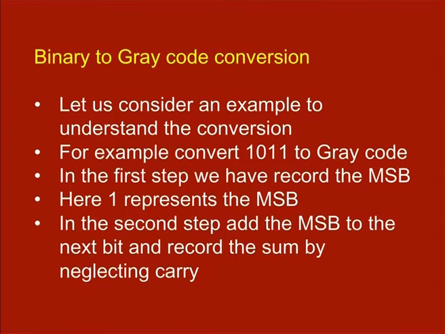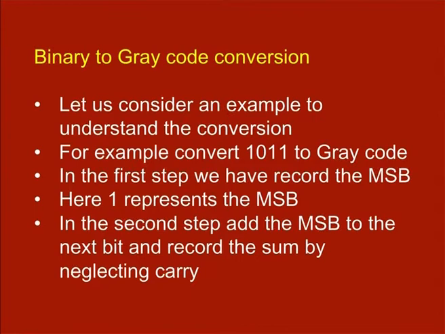To do that, let us follow the steps given below. In the first step, we have to record the MSB corresponding to the binary number. Here in this binary number, 1 represents the MSB.